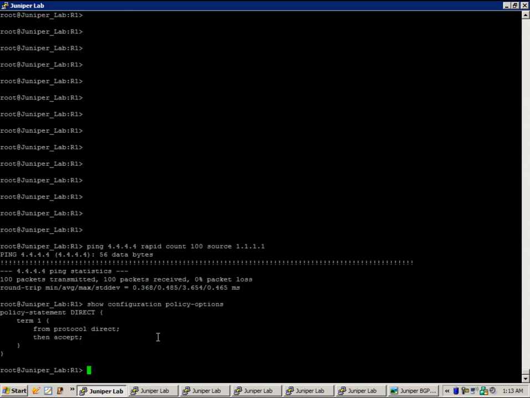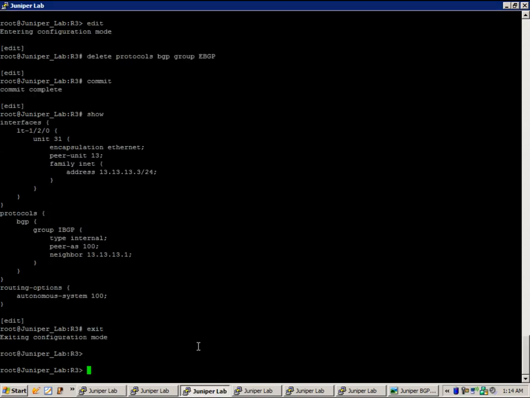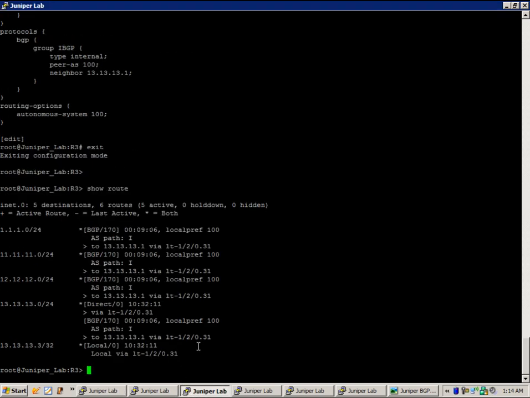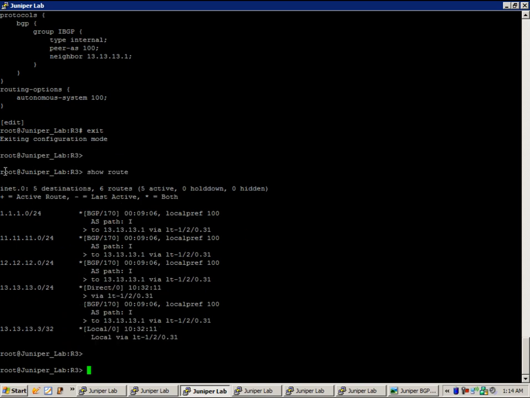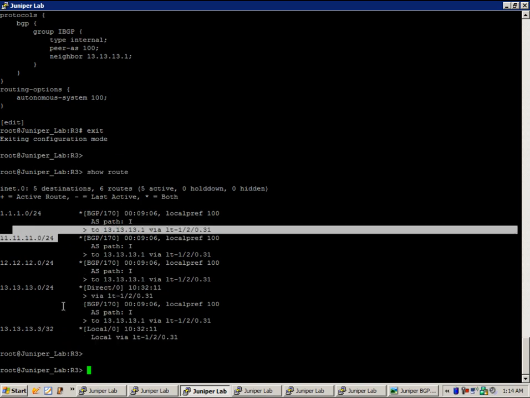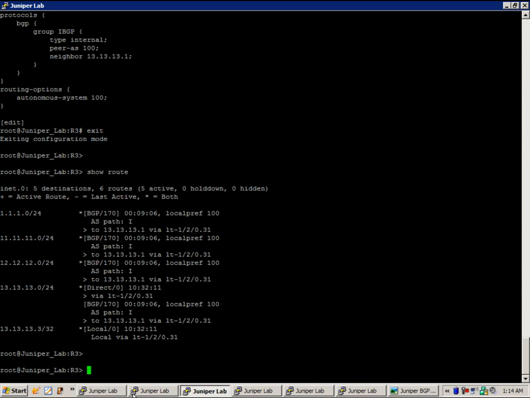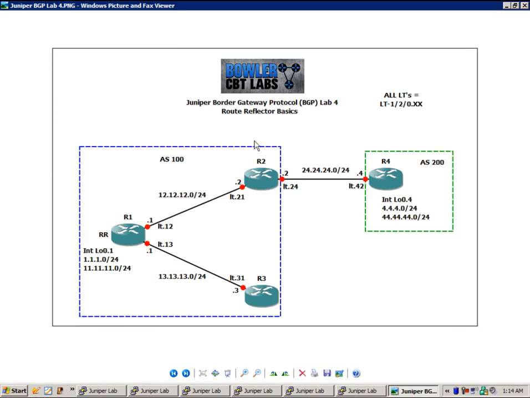And so it appears as though right now router 1 has no problem reaching the 4 network, but if we go to router 3 and look at its routing table, we do not see the 4 network or the 44 network. And that is because of our rule that we were talking about earlier.